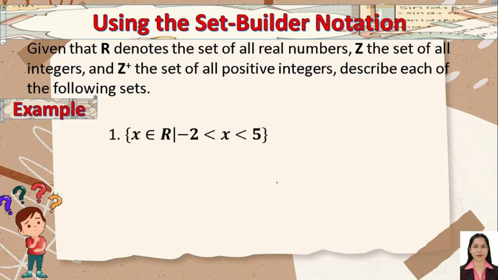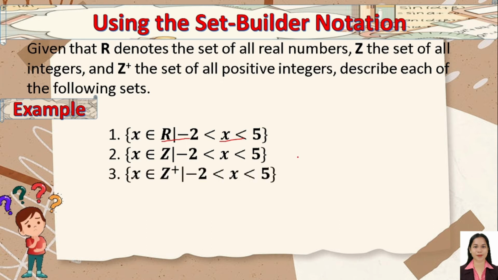Number 1, X is an element of R, wherein X, ito yung property, is greater than negative 2 but less than 5. Number 2, X is an element of Z, such that X is greater than negative 2 but less than 5. And number 3, X is an element of Z plus or positive integers, wherein X is greater than negative 2 but less than 5.